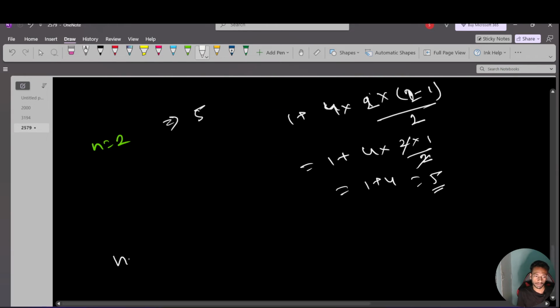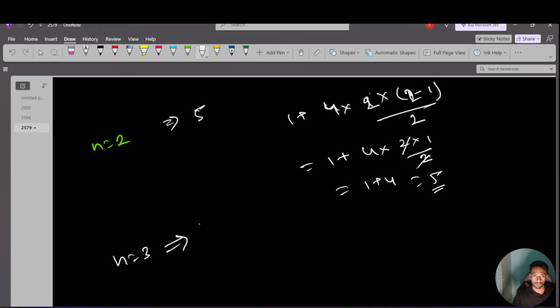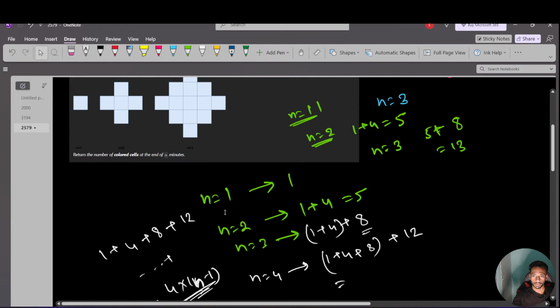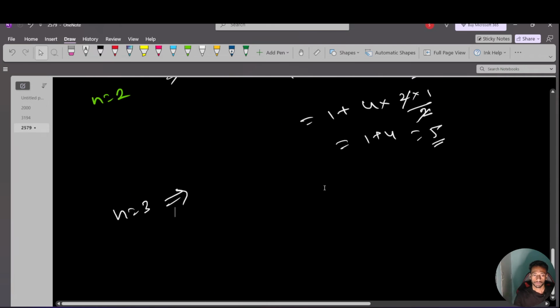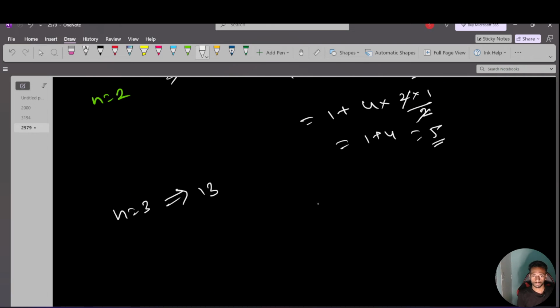Similarly, you can check for n is equal to 3. For n is equal to 3, the expected output is 13. Correct? So let's see, 1 plus 4 into n minus 1 into n by 2.